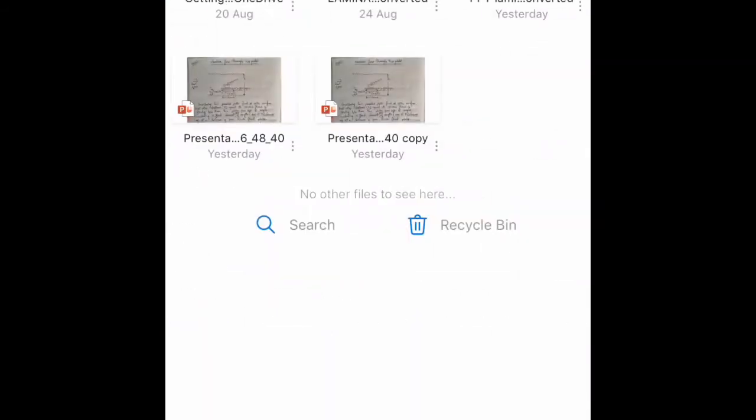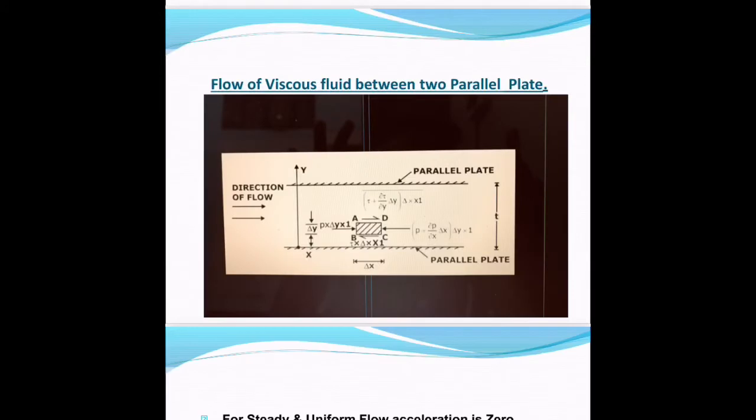Then we will start. Okay. Let me share my screen and let me know if this is visible to you or not.